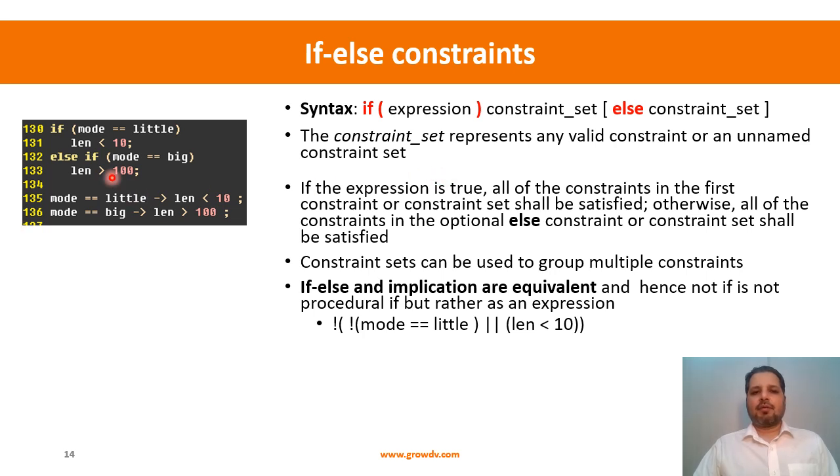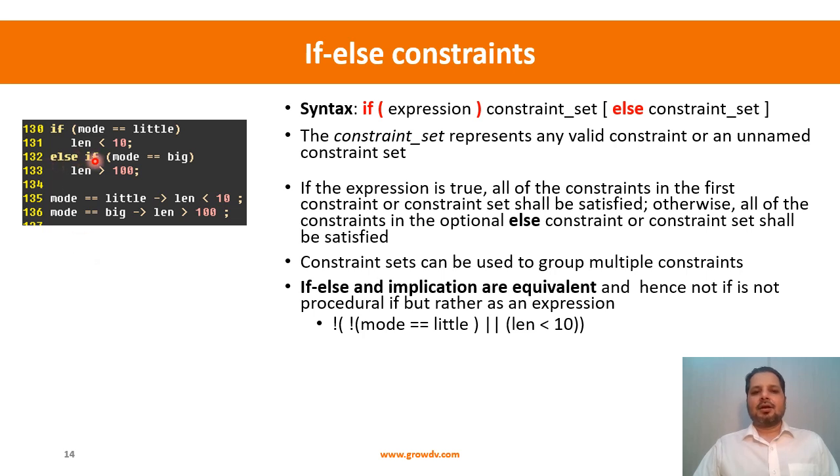You cannot give a name to it, but you can group multiple constraints within each of these blocks. If this expression is true, then the constraints in the first constraint set shall be satisfied. Otherwise, constraints in the optional else constraint set shall be satisfied.